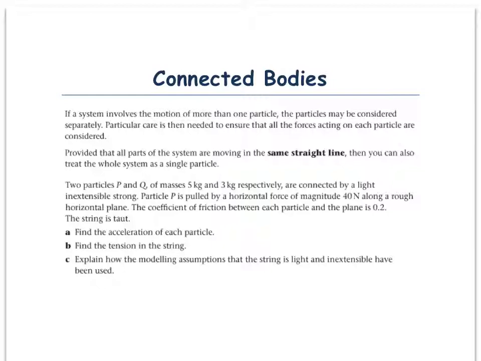For example, quite often, like this example we're going to look at, you may be able to ignore tension in the first part if you consider it as a whole connected body.